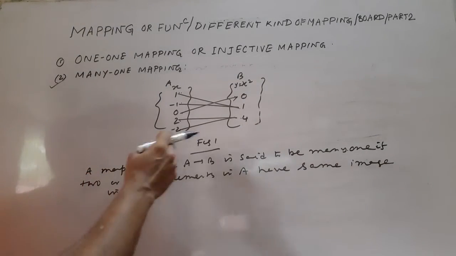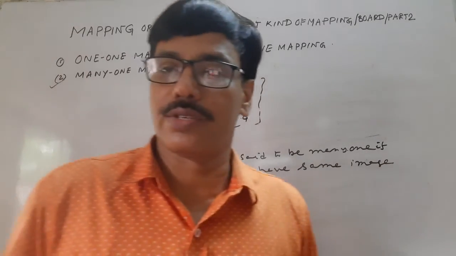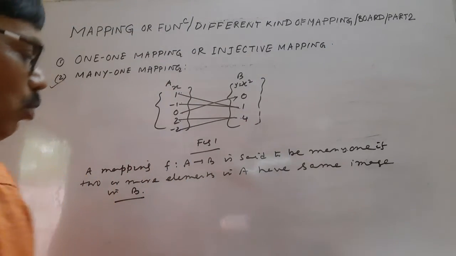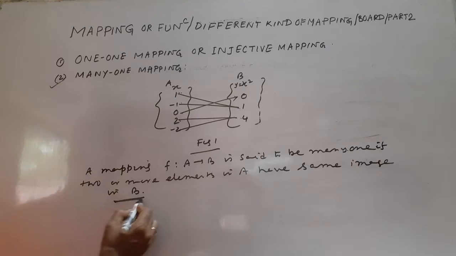If two or more elements, 3 elements may have the same image, so it is called many-one.